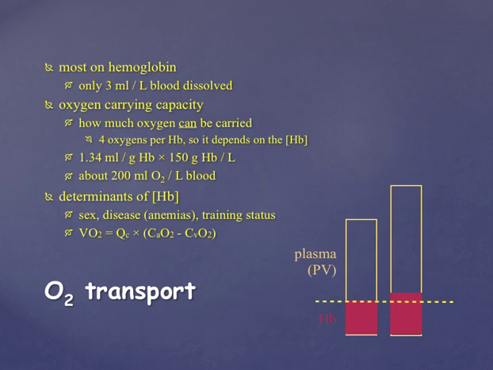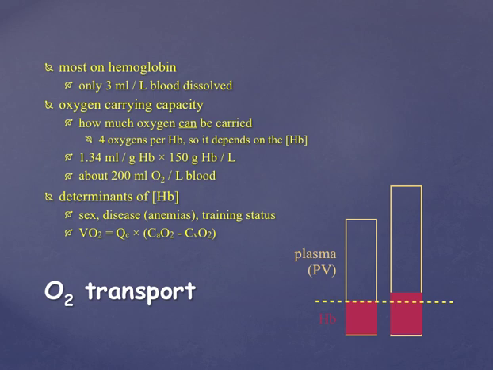Now you say, how can that be a good thing? Look at the Fick equation. Reduced hemoglobin concentration negatively affects CaO2. All right, that's not a good thing. But the increased plasma volume and consequently the increased blood volume means greater cardiac output.